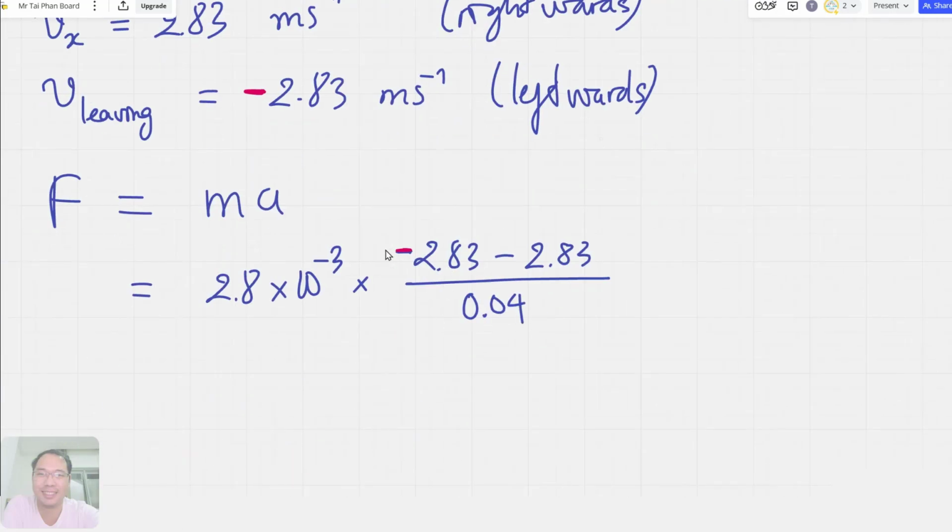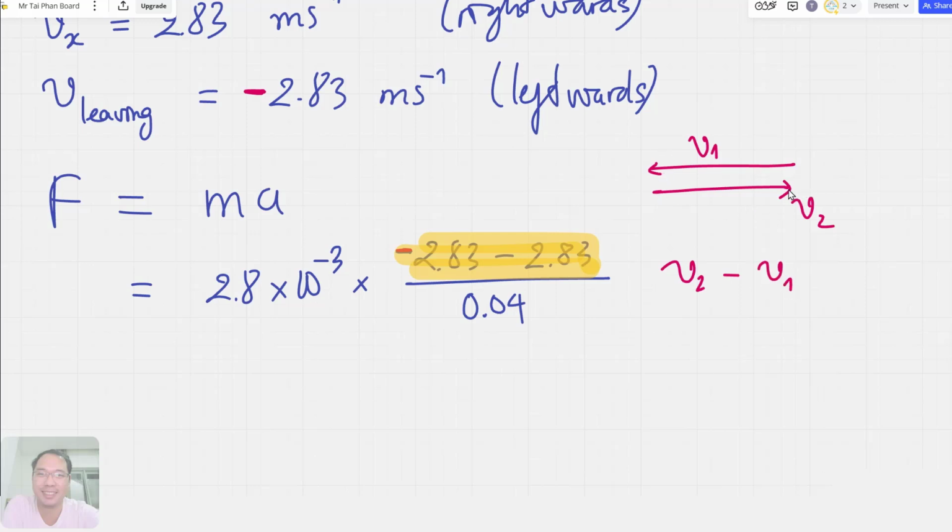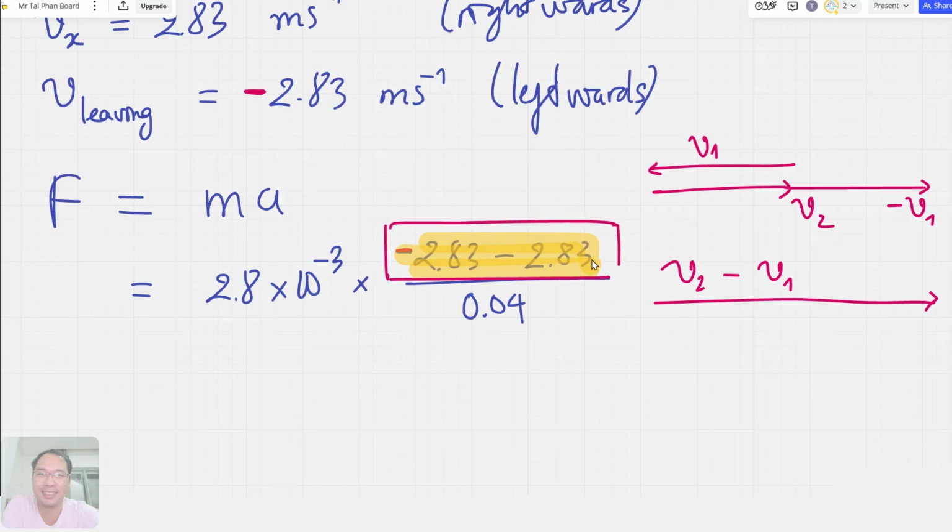We need to remember the minus sign, because without it the calculation is wrong. This is a change in velocity, a vector subtraction: v2 minus v1, so we add v2 to the opposite of v1, and the result is a bigger number compared to 2.83.